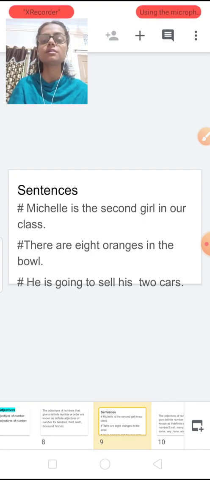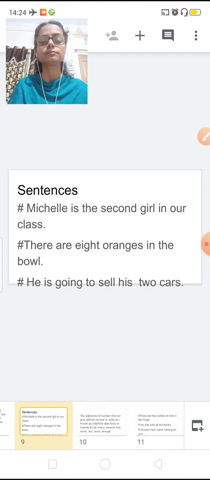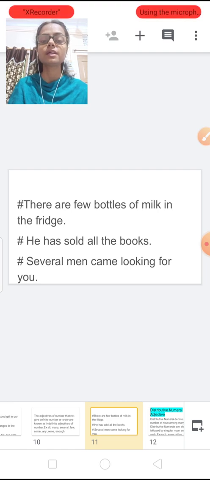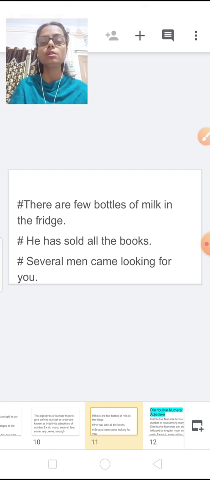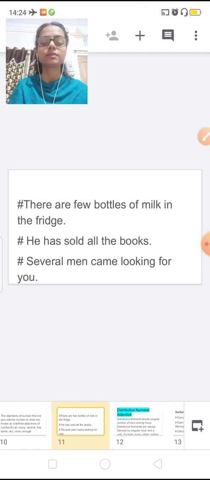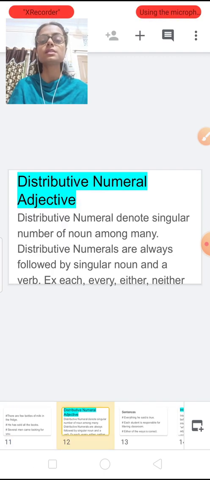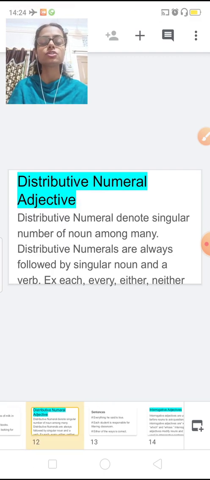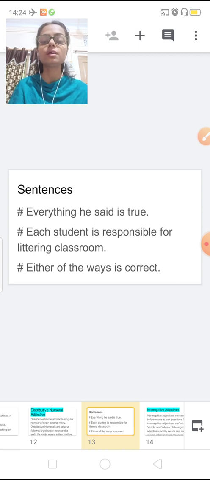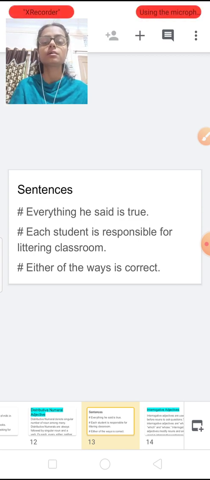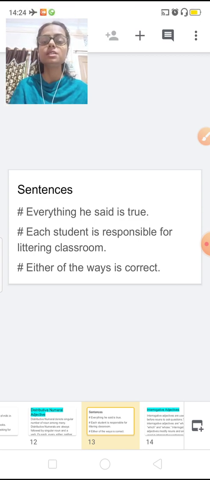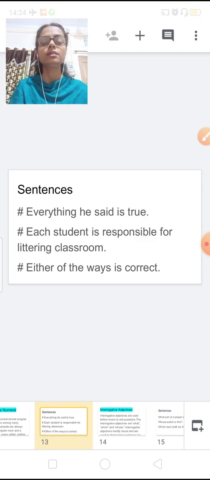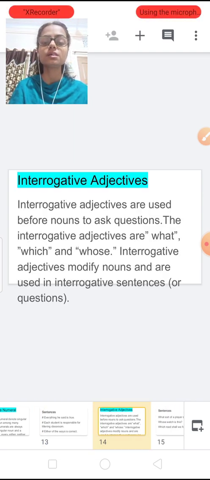Definite means second, 8, 2. Indefinite means few, all, several. Then distributive: everything, each, either. Then interrogative adjectives.